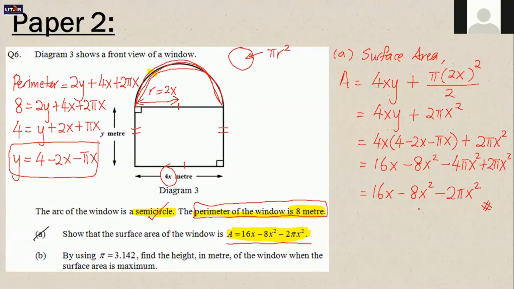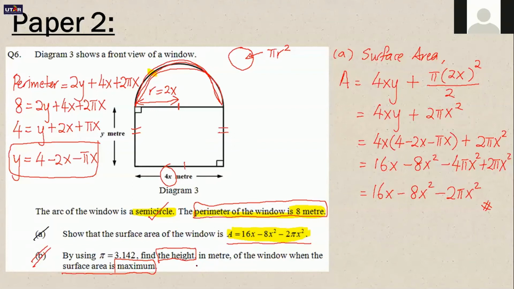What about part B? Find the height of the window when the surface area is maximum. This is what we call an optimization problem. I know that the surface area is maximum, and I want to find the height.